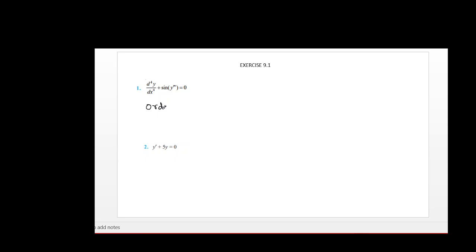So here in this case, what is the order and what is the degree? Let us see. First, to find the order, the highest derivative. Can you see this is d^4y/dx^4. Here d^3y is there. Okay. So the highest derivative is 4 here. So the order of this differential equation is 4. What is degree?